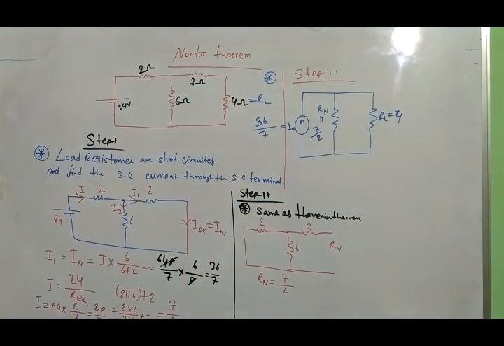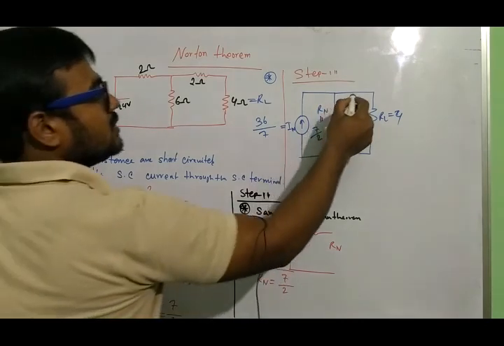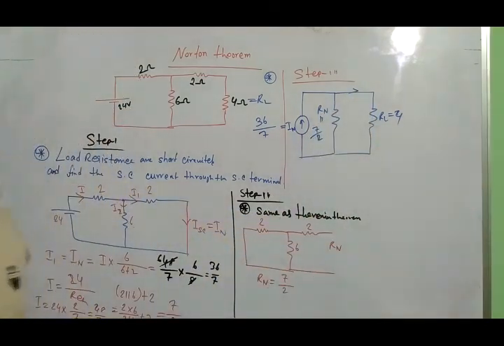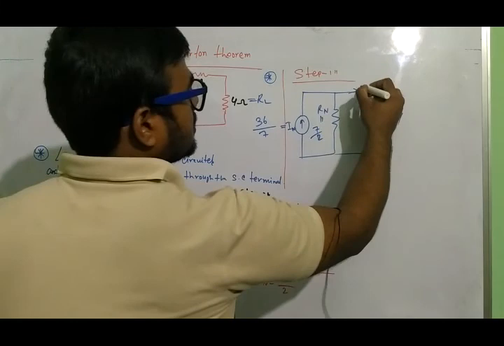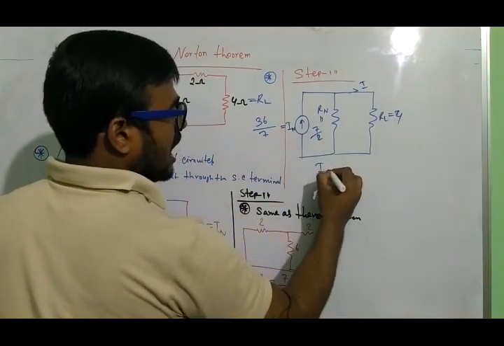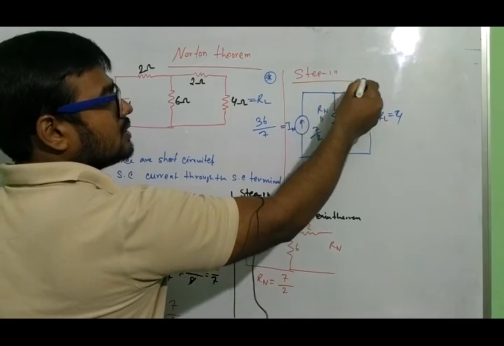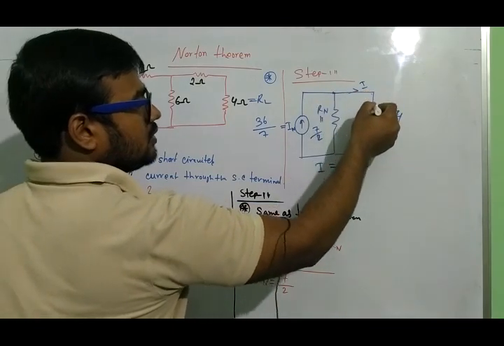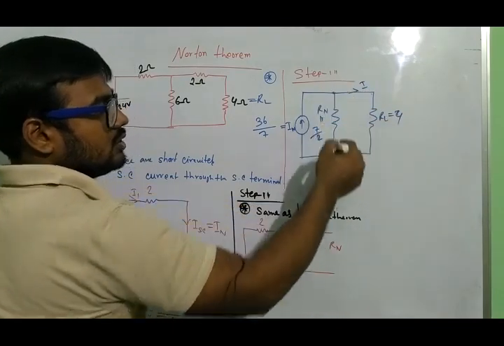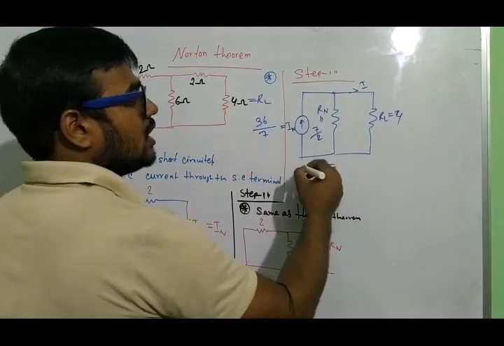Now I find the current through the load resistance. The question asks to find the current through the load resistance using Norton theorem. So I equals, the main current will divide into two parts. One goes through the load resistance and one goes through the Norton resistance.